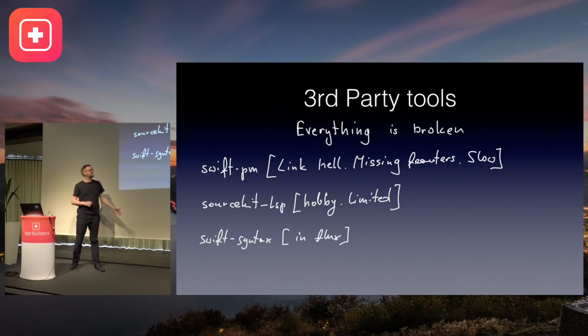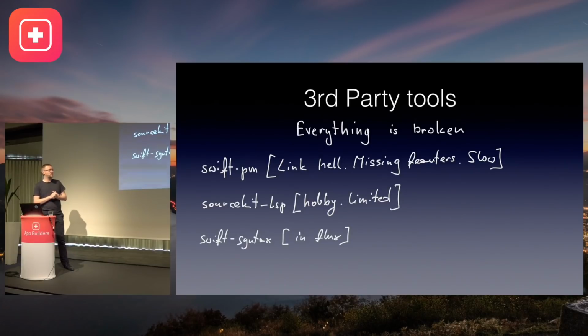SourceKit looks like a pet project created by one or two engineers, but it's not really maintained at the pace I would expect from a project like this. And Swift PM, Swift Package Manager, a five-year-old project, still has a lot of problems. I don't know, still not mainstream.